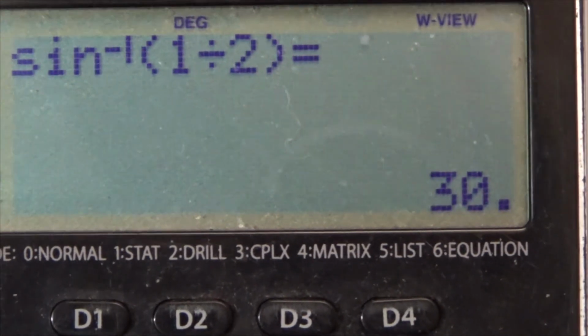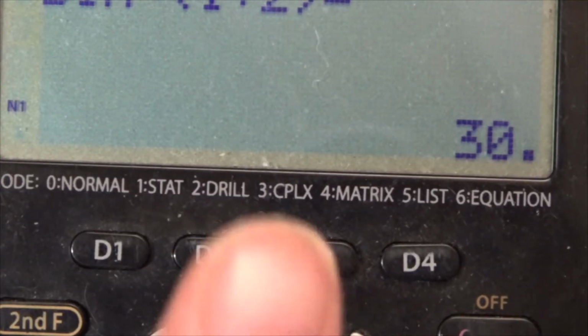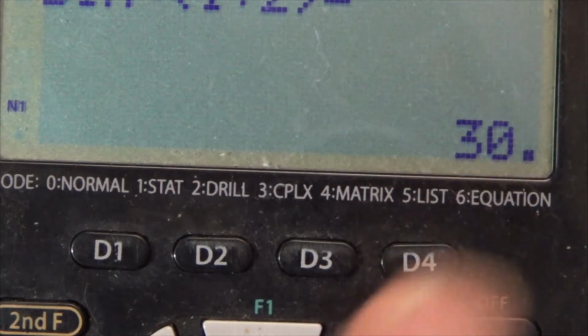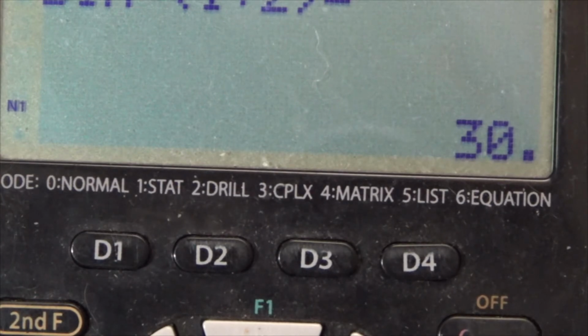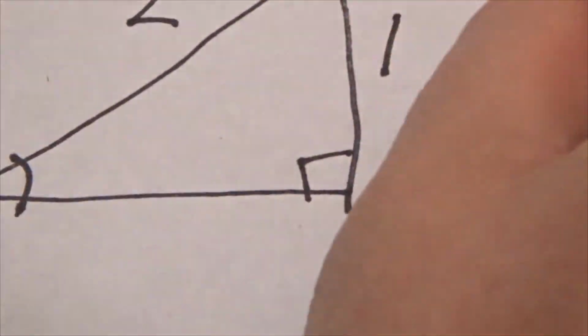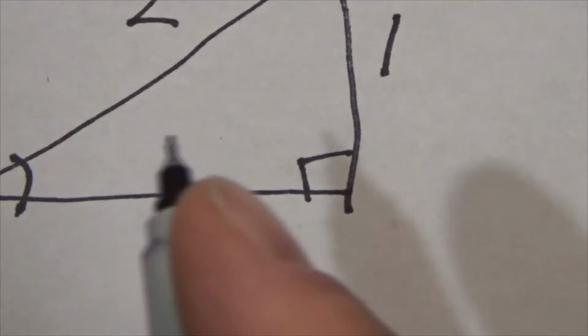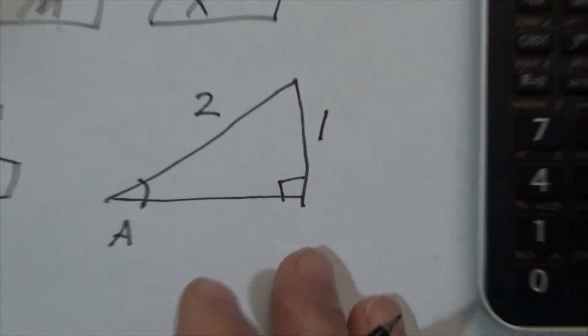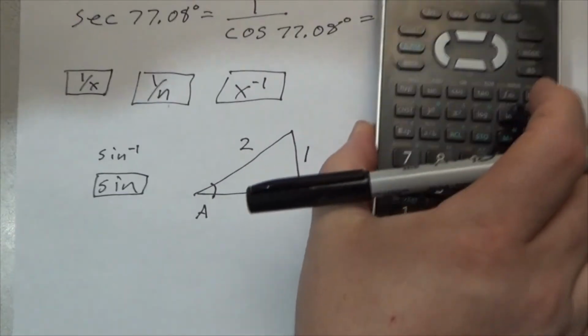Then I hit enter, and 30 degrees is what it's showing me, which I already knew it should. So that means that I'm doing this properly. Let me zoom out a little bit so you can see what I'm doing instead of so close.